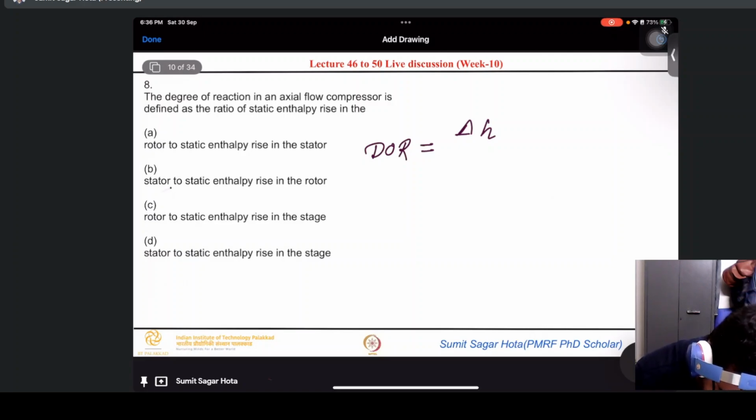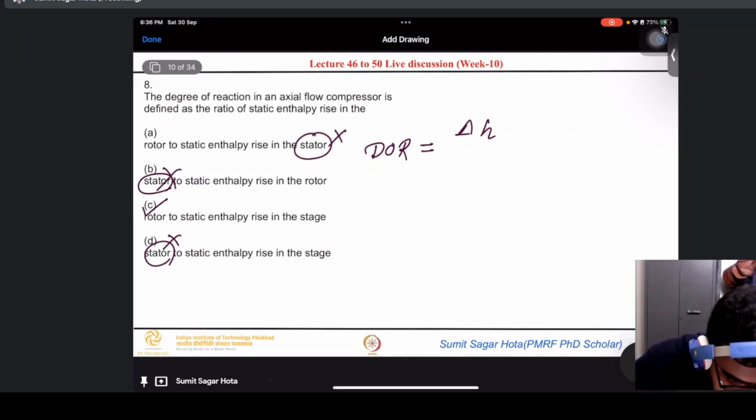Stator is a what? A fixed part. So wherever the stator option is, just cut it. We only care about the rotor. Here also a stator is there. Now only one option is left, that is C. So C is the answer. You don't have to know anything. If you know the basics, then you can answer this question.